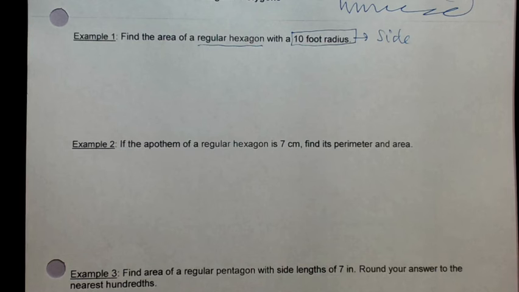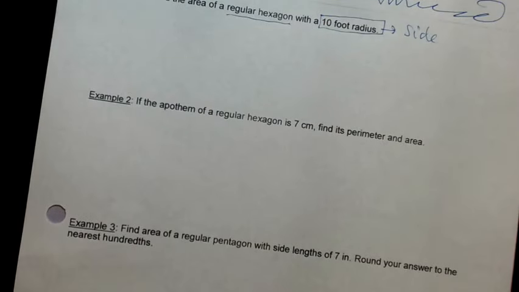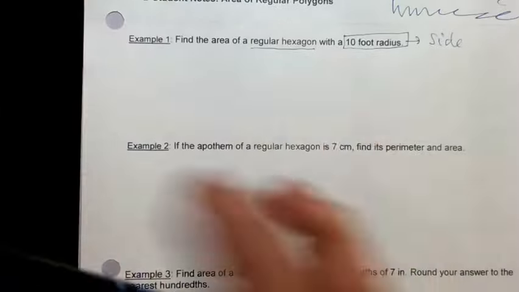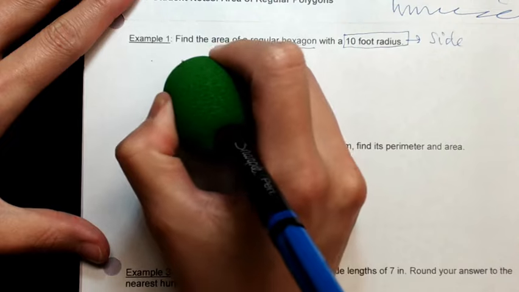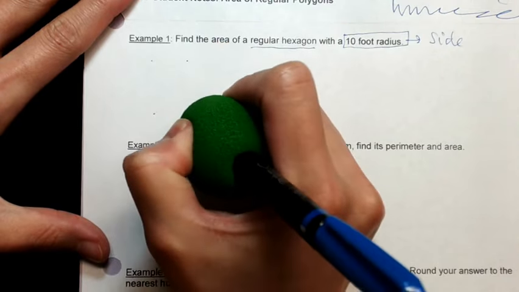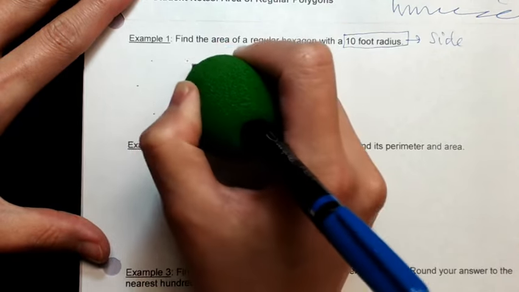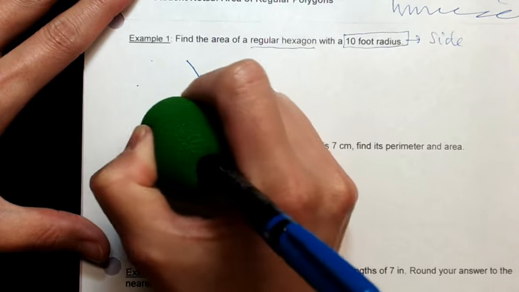Okay, let's draw the hexagon. If I draw my hexagon, you might recall, it's as if I'm making a rectangle. Make your dots, and one to the left and the right.